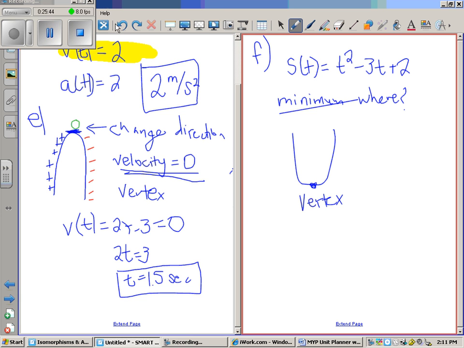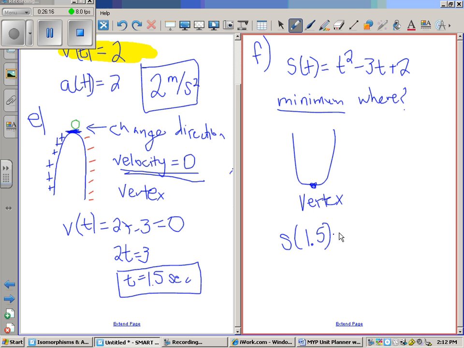Okay, let me fix that. Minimum. There we go. So that's the vertex. So I know my minimum occurs when t is 1.5 seconds. That's the when. I want to know the where. So I want to find out what is my position at 1.5 seconds.